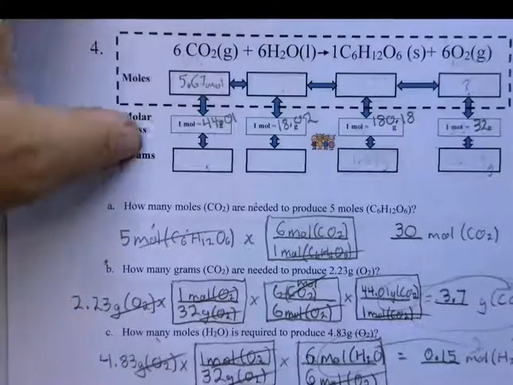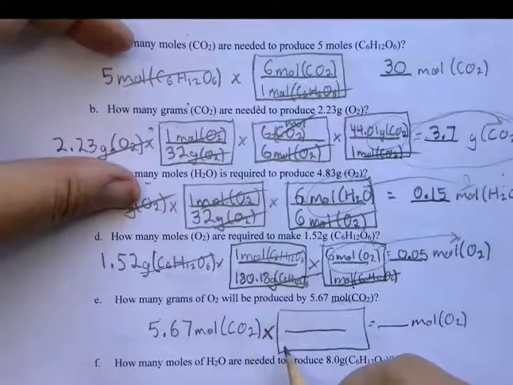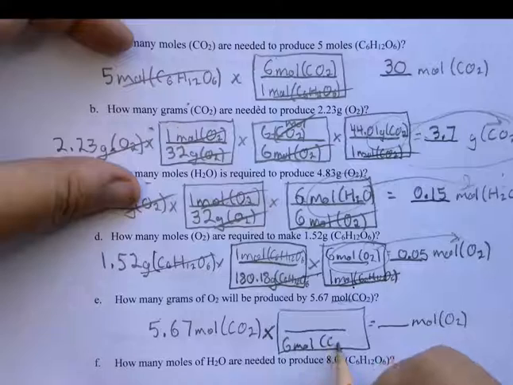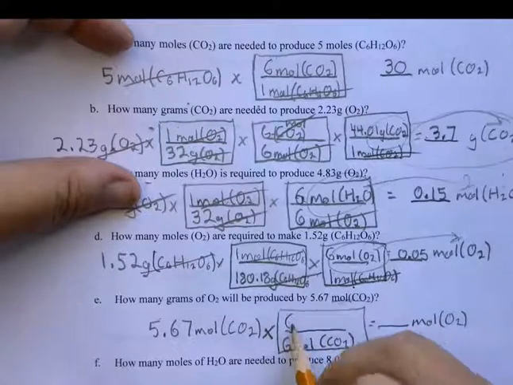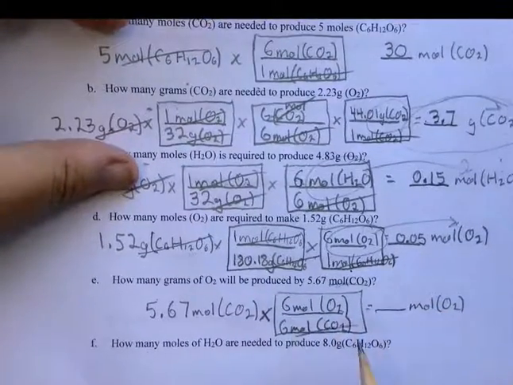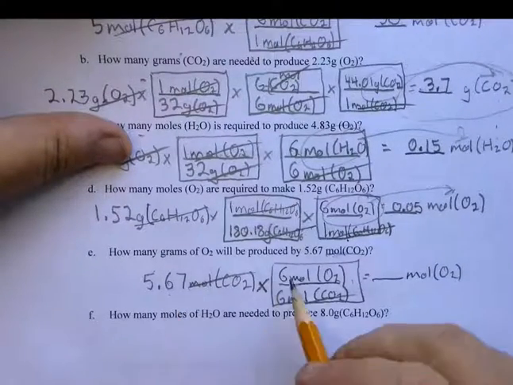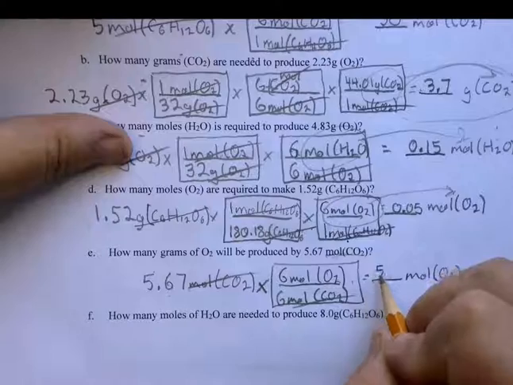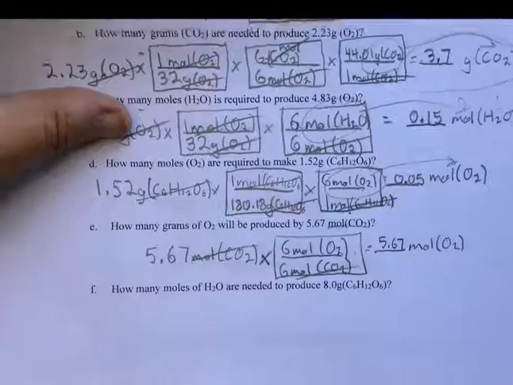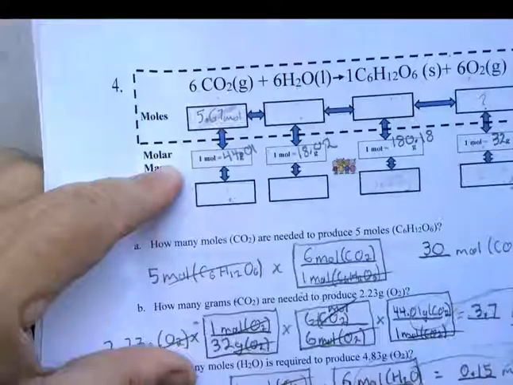You can see that's called a 1-to-1 relationship. So it's moles of CO2 on the bottom, so 6 moles CO2 and 6 moles of O2. Moles CO2 cancels, and you end up with moles O2 on the top. So it's 5.67 times 6 divided by 6, so you get exactly that same number of moles. Okay, there you go. All right, and let's just erase and keep rolling right here.